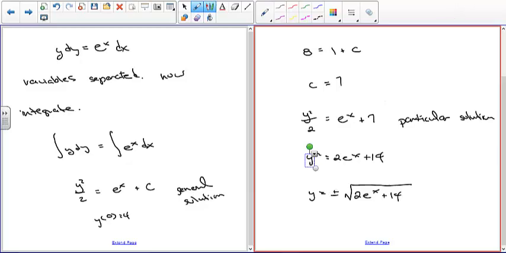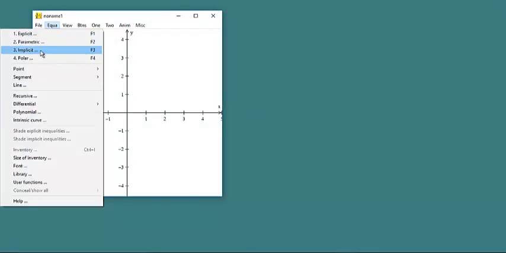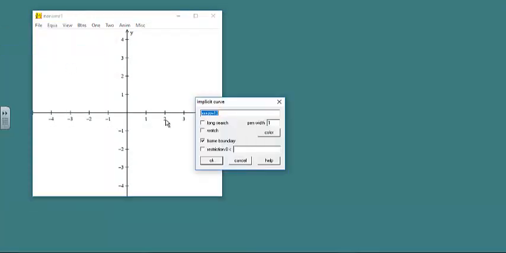And let's program. We're going to do a two-dimensional plot. And the equation, we can do the implicit version, which would be y squared divided by 2 equals e to the x plus 7. Let's see what that does.